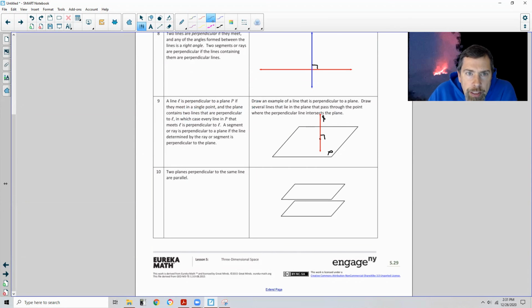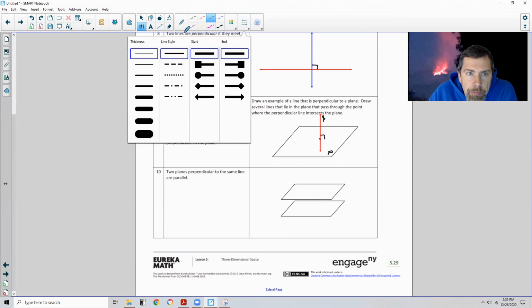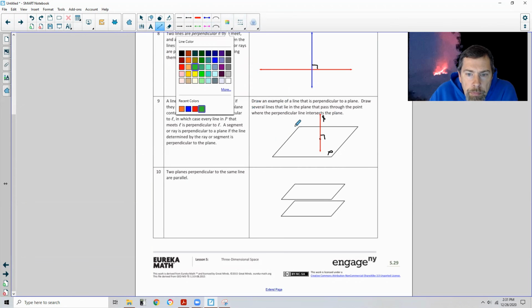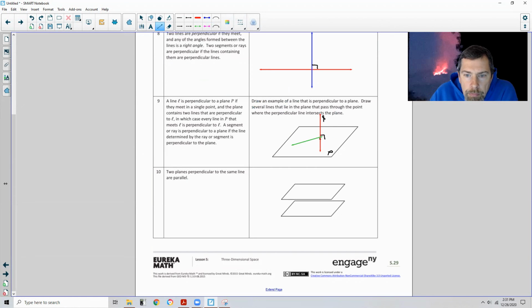So I need two more lines. So that would be perpendicular to L. And that's also perpendicular to L. So there's a 90-degree angle with this green line, a 90-degree angle with this green one.